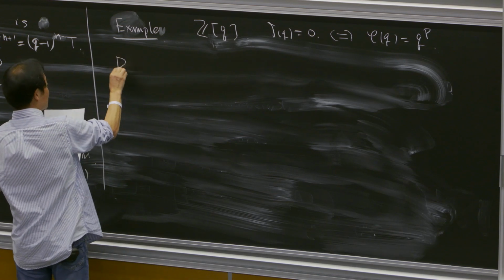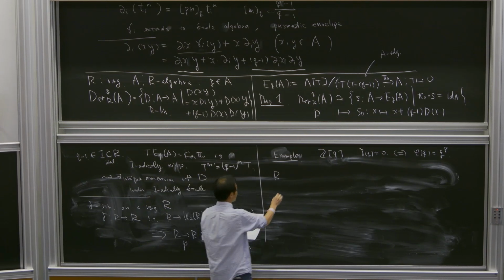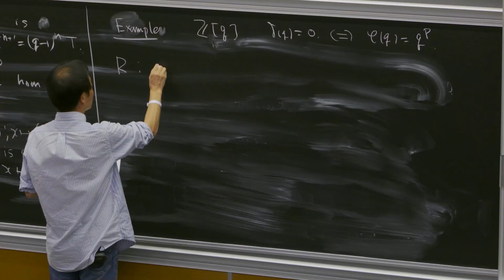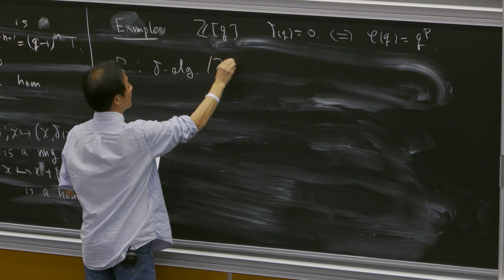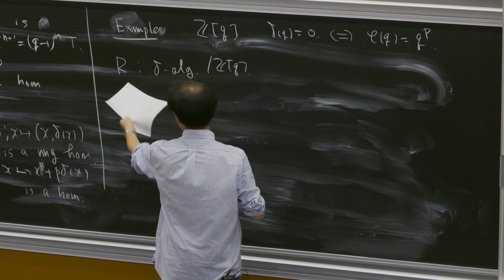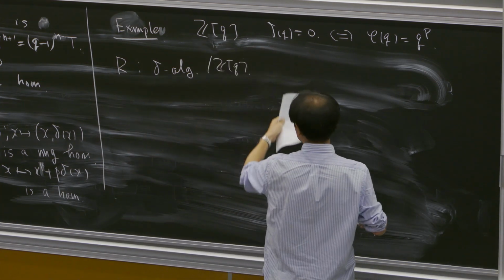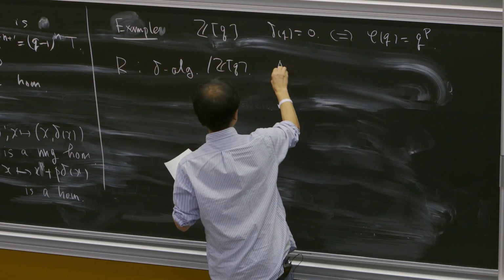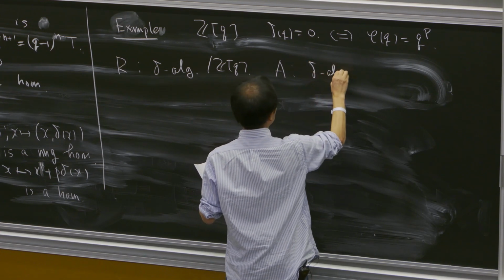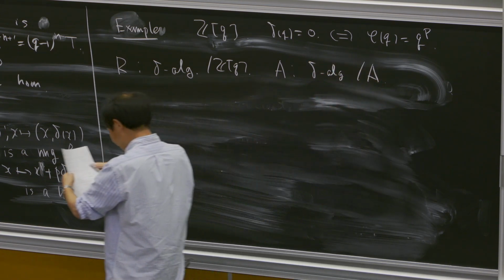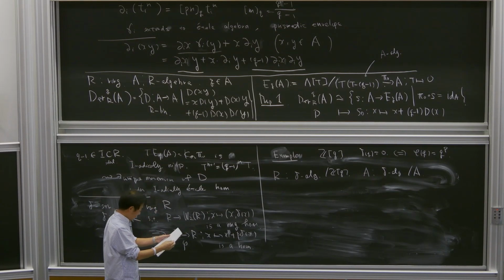In this definition, I take R to be a delta algebra over Z[q]. So R also has a delta structure compatible with this delta structure, and A is also a delta algebra over R. So A has a delta structure compatible with that of R.